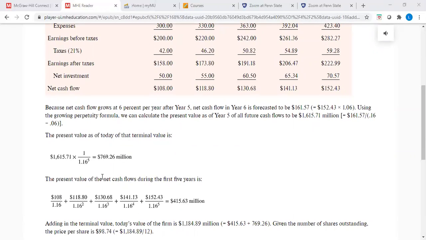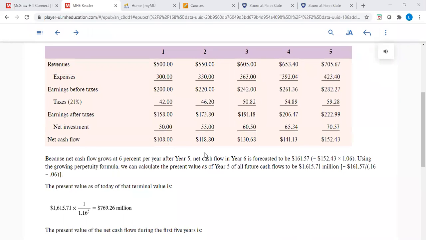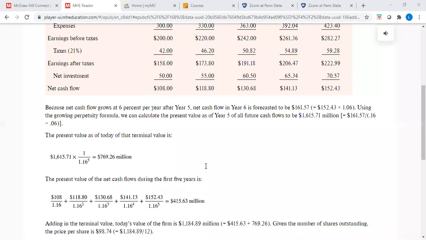So the present value of the cash flows during the first 5 years is, well, take the 108 free cash flow, divide that by 1 plus the discount rate to the first power, because that's the end of year 1's value. We need time 0. The end of year 2's value is 118.8.